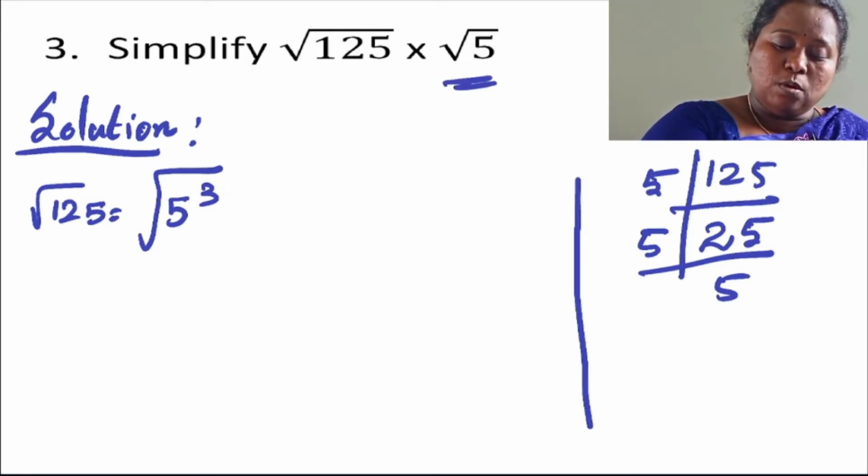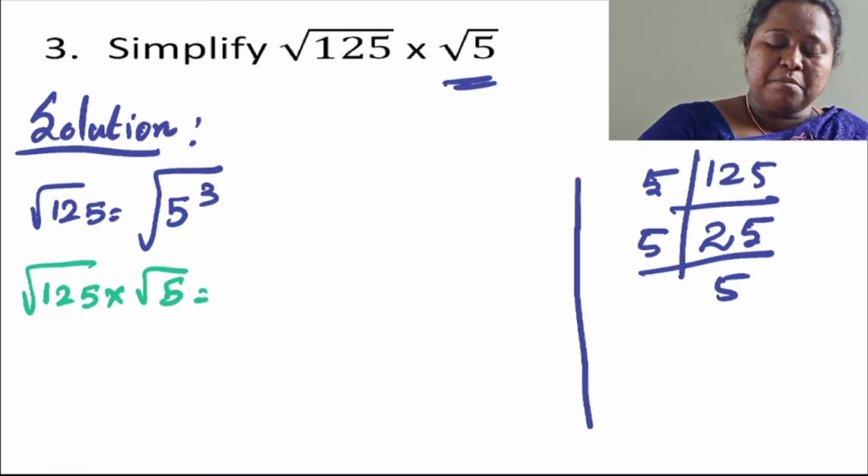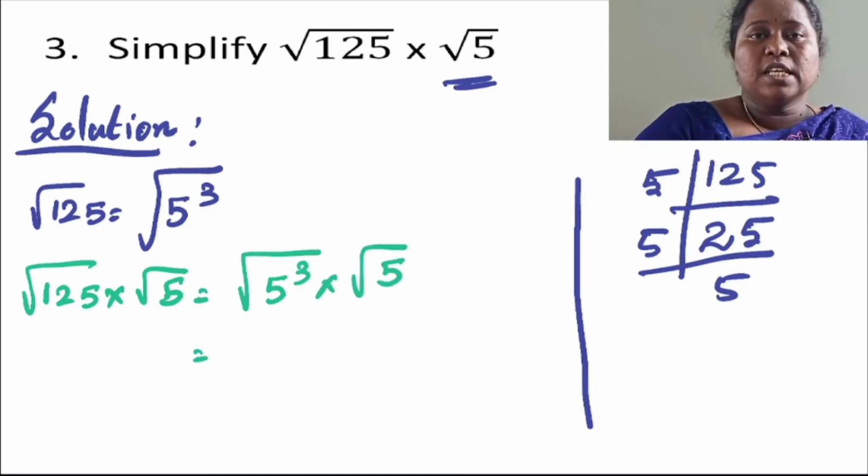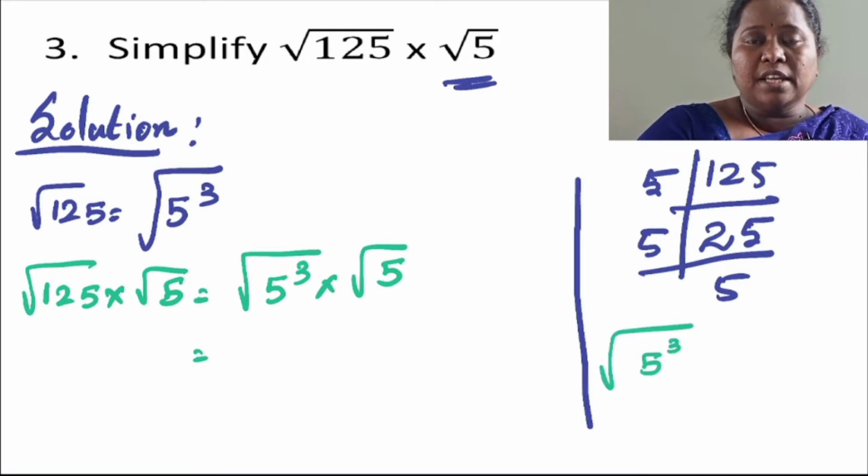So let me come to the problem. See here, root of 125 into root 5. This can be expressed as root of 5 cube into root 5. In the root of 5 cube, I can express as 5 squared into 5.